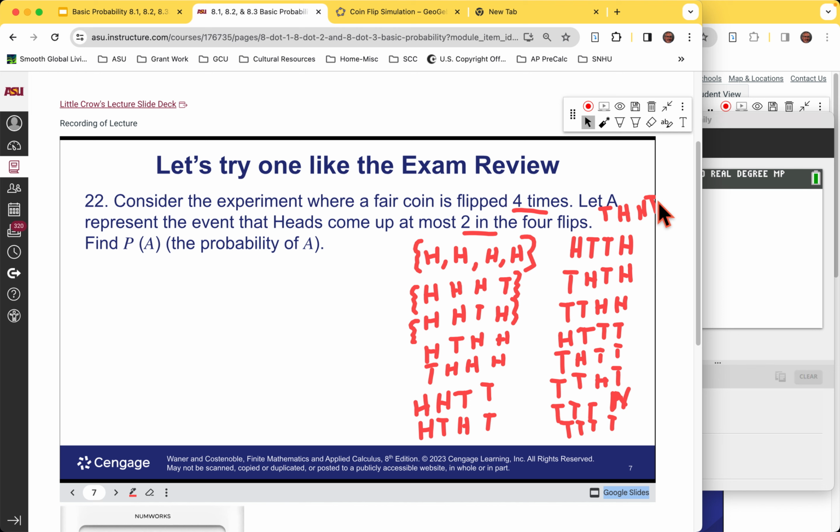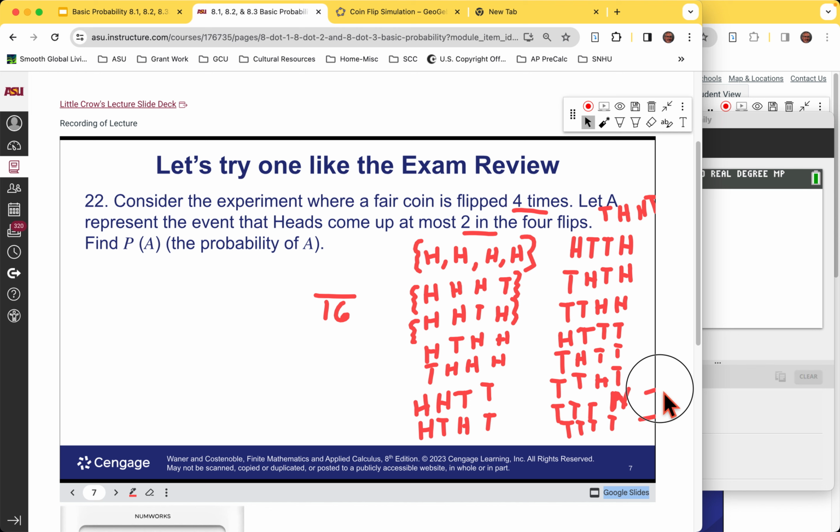But I also wanted to show the sample space because now I've got to count how many of those. So there's 16 total. And how many of these have at most 2 heads? At most 2 heads means 2 heads or less, right? So no heads. Okay, there's 1 here.